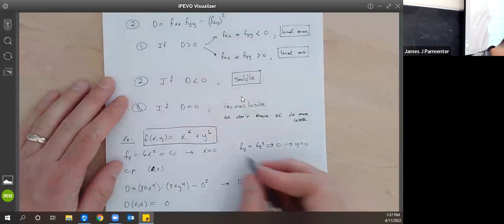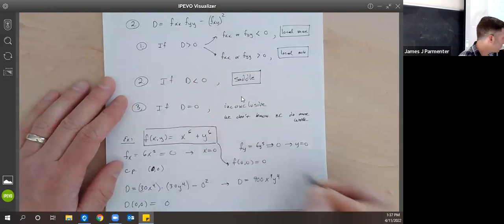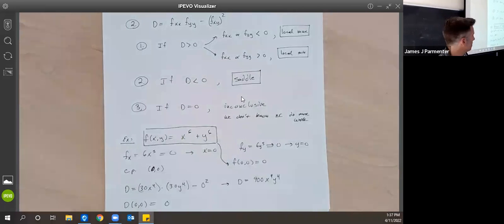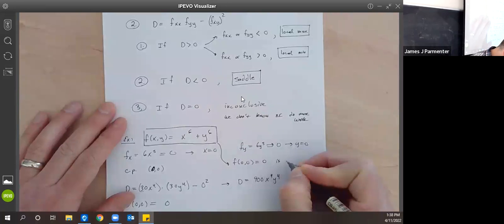It's definitely clear that f of 0, 0 is equal to 0. Let me ask you both, or you all can respond on Zoom as well: if you plugged in anything else for x and y, would the output be positive or negative? Positive, right? If you plug in anything else for x and y, you're going to get something positive because they're not both going to be 0, and any number to the 6th power is going to be positive, which means that this is a local minimum.